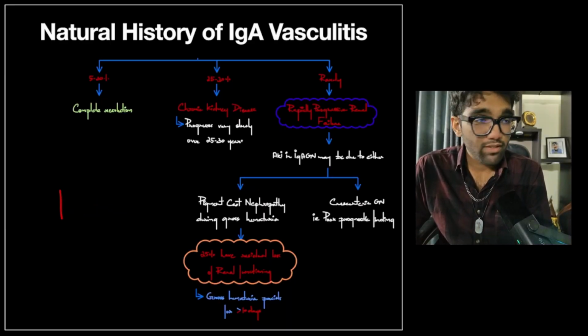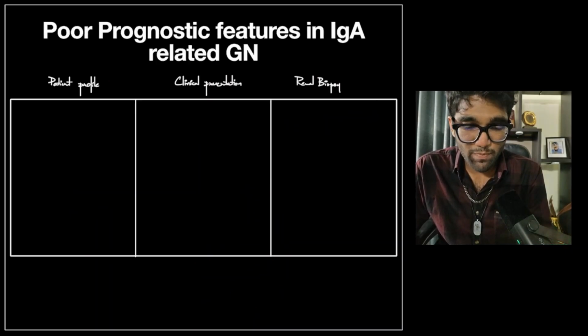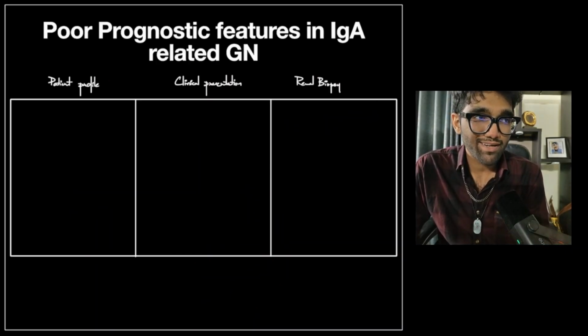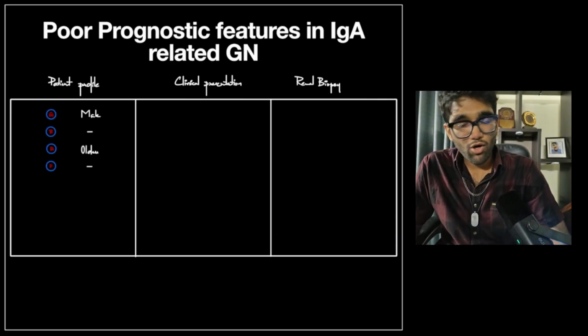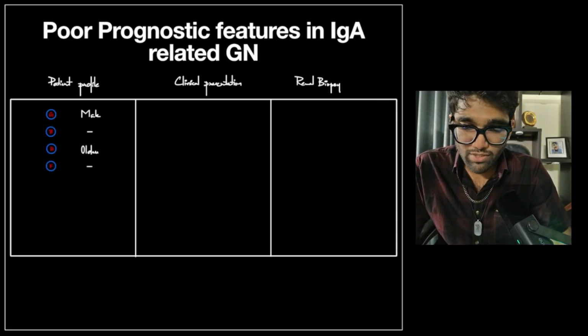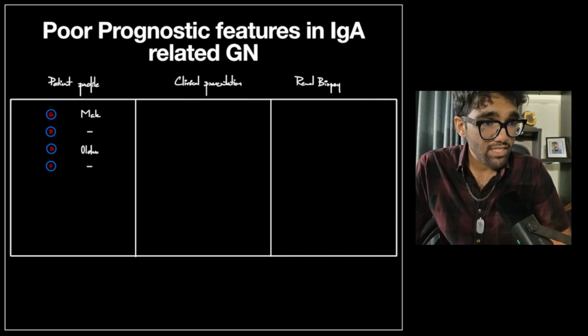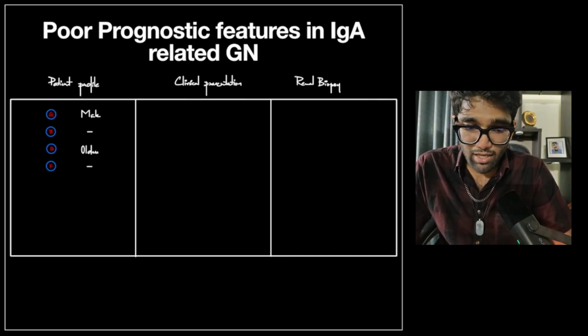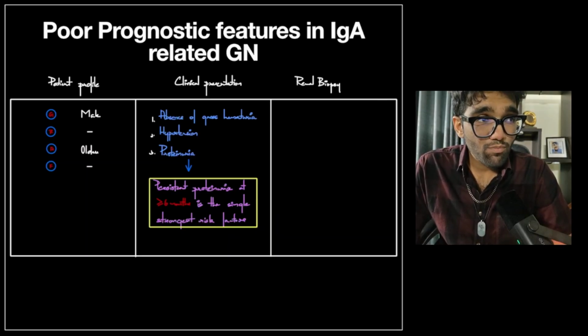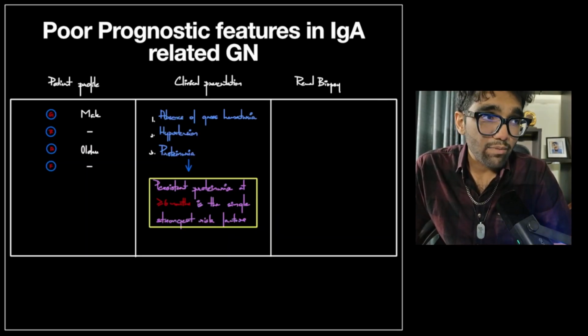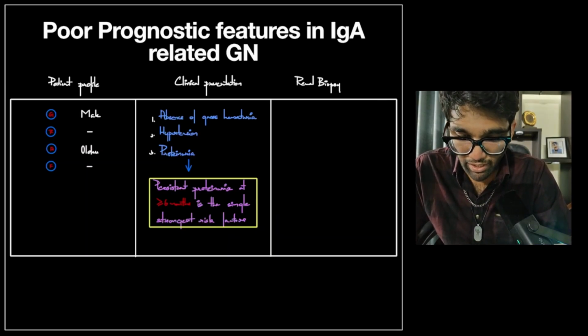So the long-term renal outcomes in such patients depend on the exact situation. Now, broadly speaking, the poor prognostic features in IgA nephropathy are male gender and older age, and absence of gross hematuria, as I've already discussed, or gross hematuria lasting for more than 10 days, presence of objective evidence of significant renal damage, that is proteinuria and hypertension.